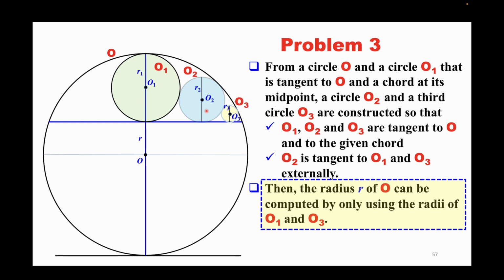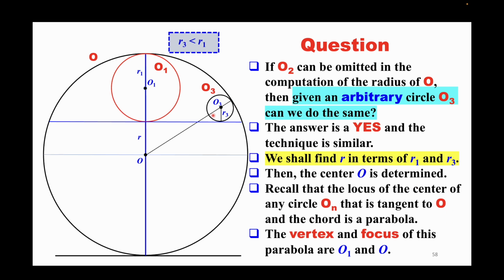In other words, radius R is a function of R1 and R3 only, with an intermediate step of circle O2. So our question is, what if O3 is an arbitrary circle tangent to the chord and circle O? We don't have circle O2 in this figure.